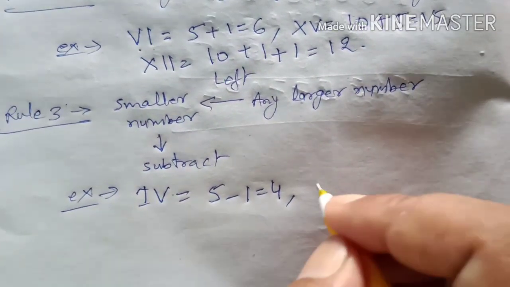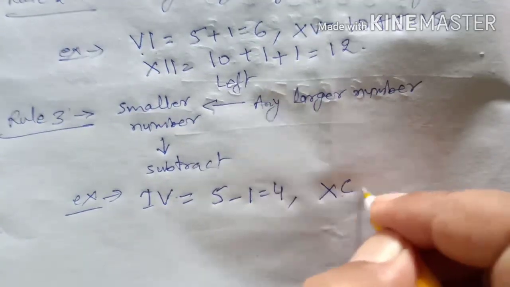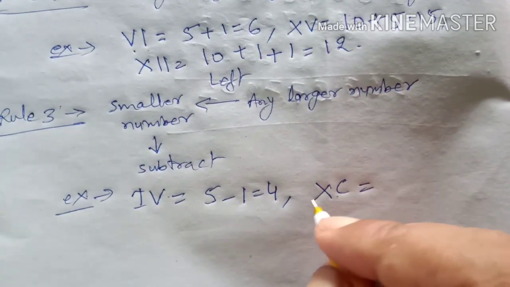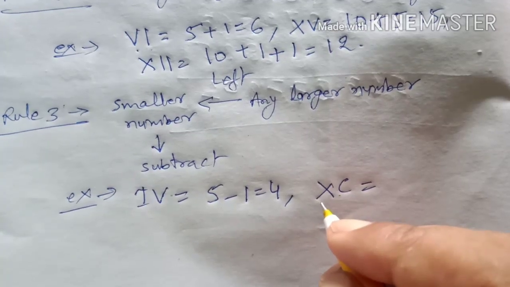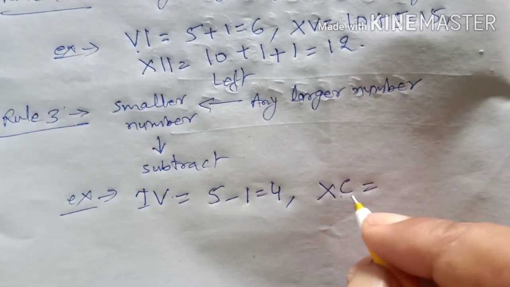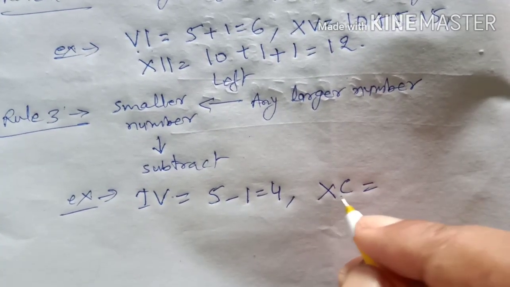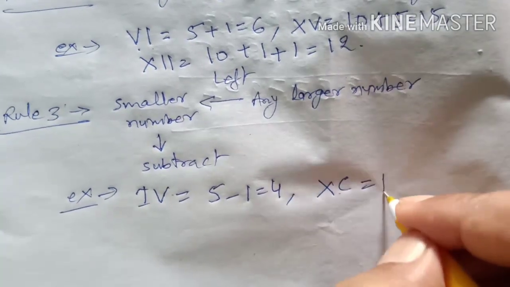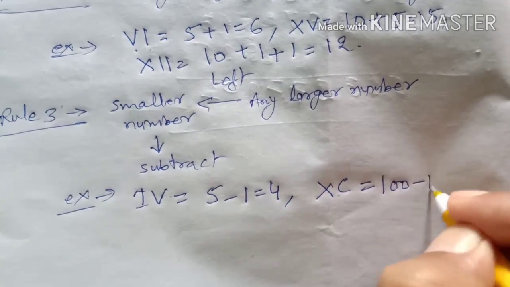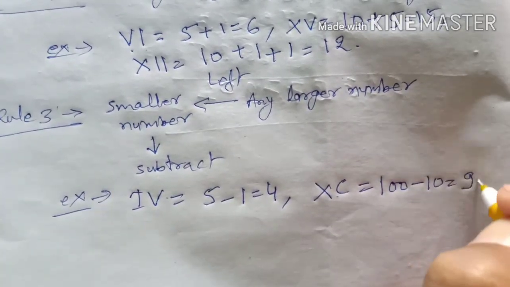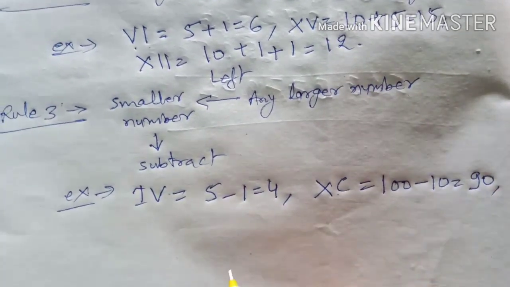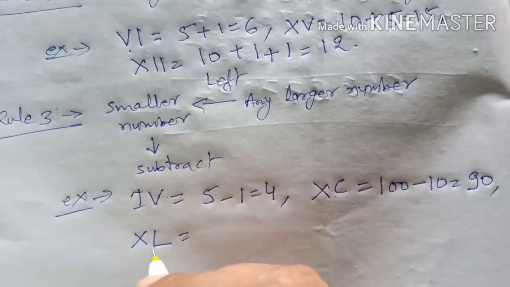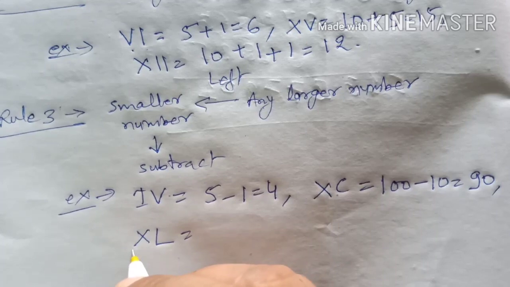Take XC. C is the larger symbol because C denotes 100. X is the smaller symbol because it denotes 10. Then 100 will be subtracted by 10. So it will come 90. Take another example, XL. L denotes 50, X denotes 10.